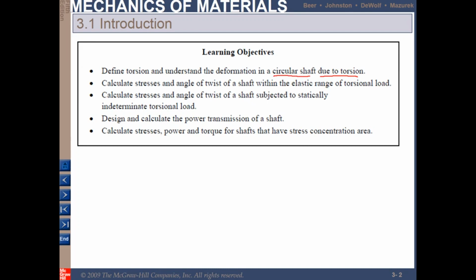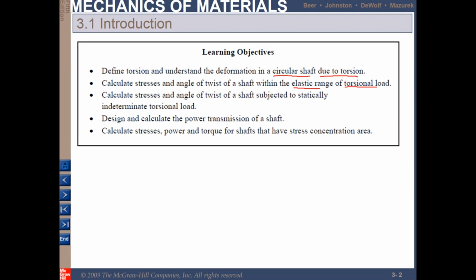And also, students should be able to calculate stresses and angle of twist of a shaft within elastic range of torsional load. You should know what is the meaning of elastic range.